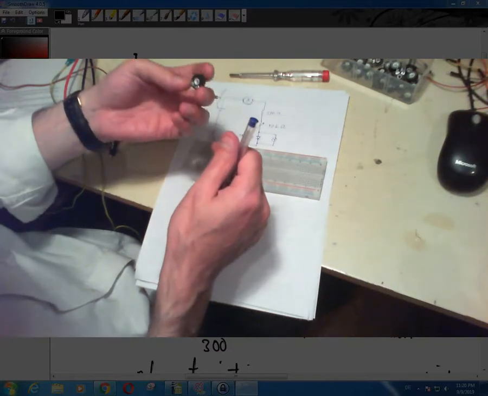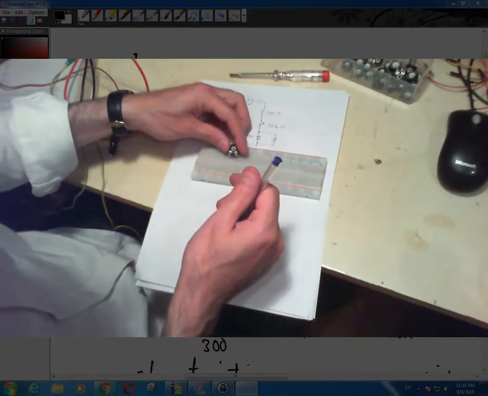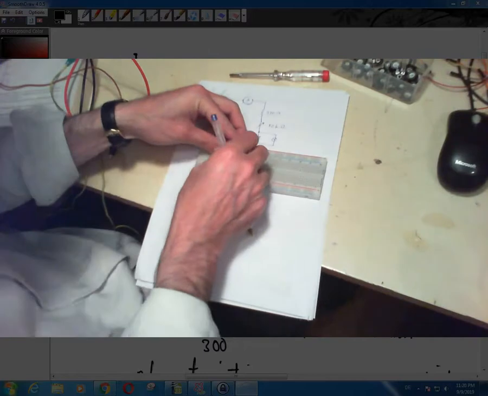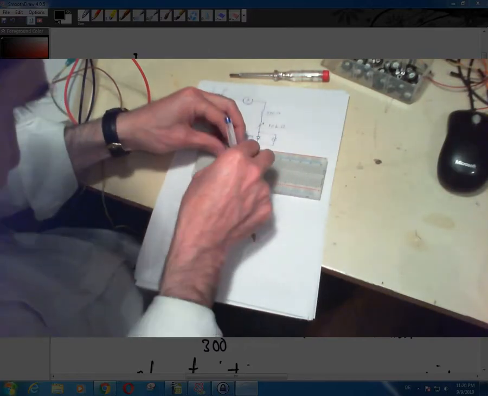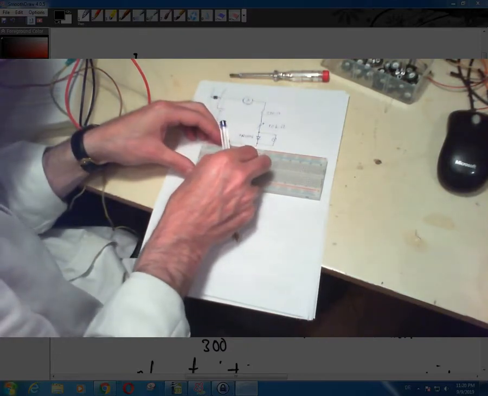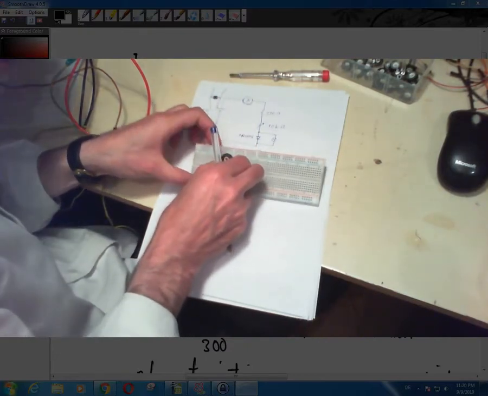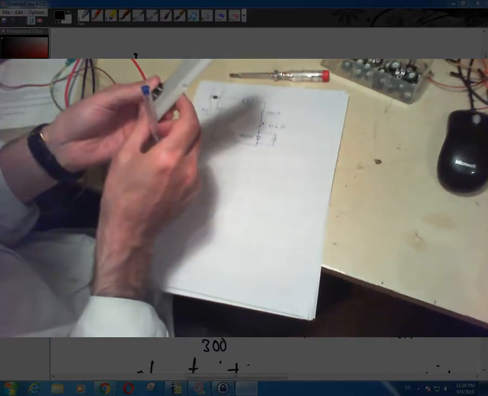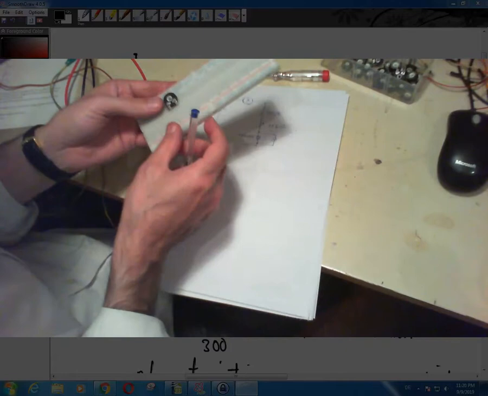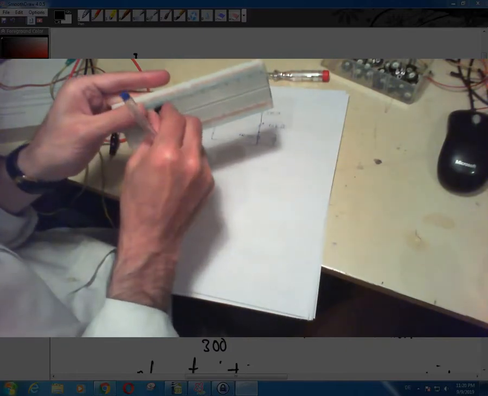Now, for example, this potentiometer, I can hopefully connect it to this breadboard, although the leads are not really good for breadboard purposes, but it seems that it does work.